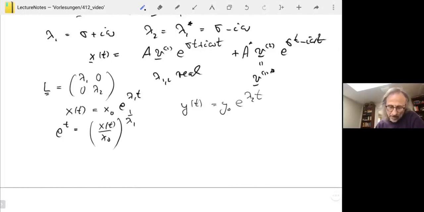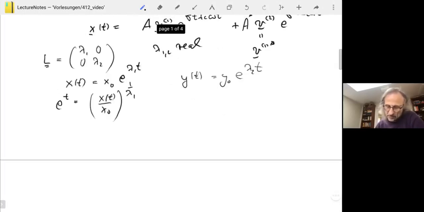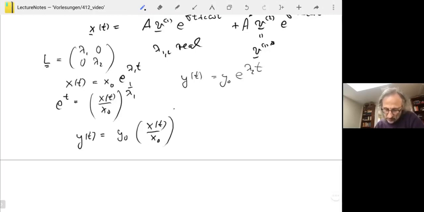And I can plug that into my y equation, and I get y of t is equal to y naught times x of t divided by x naught to the 1 over lambda 1 power. So that's just the e to the t, which I need to take to the lambda 2 power.